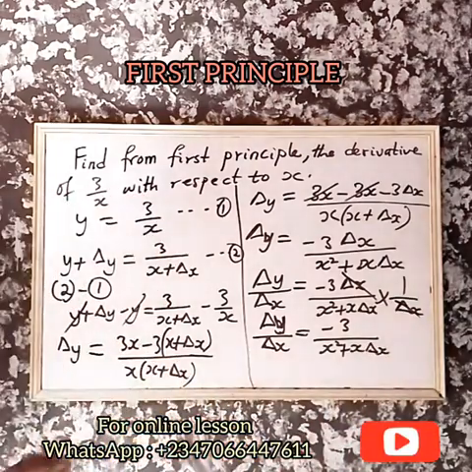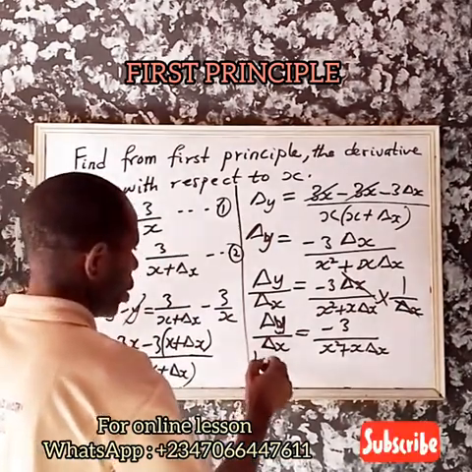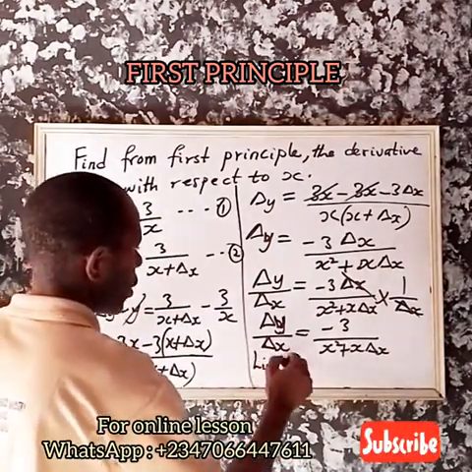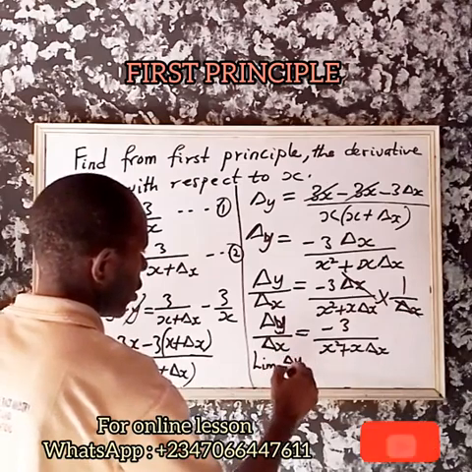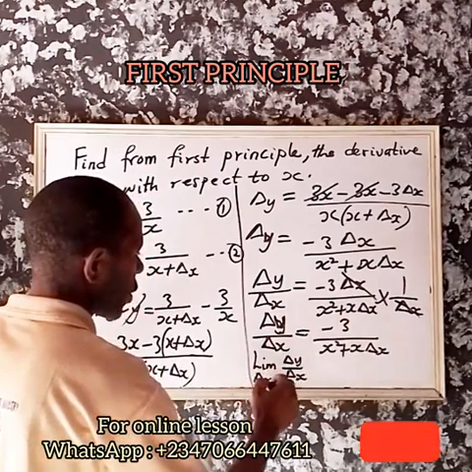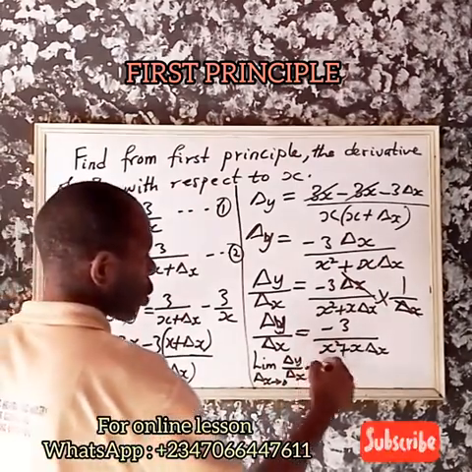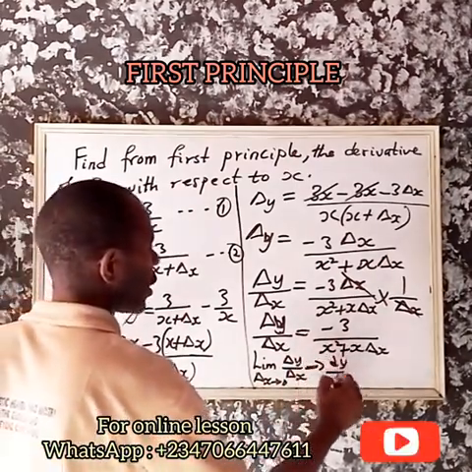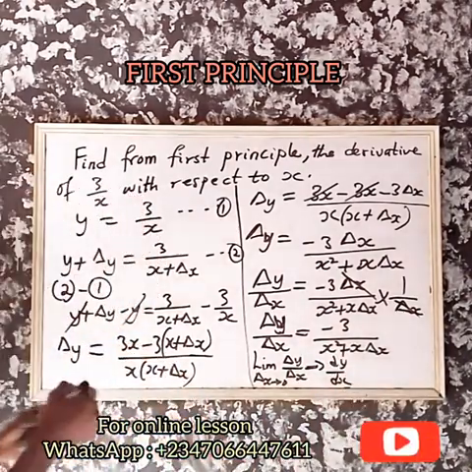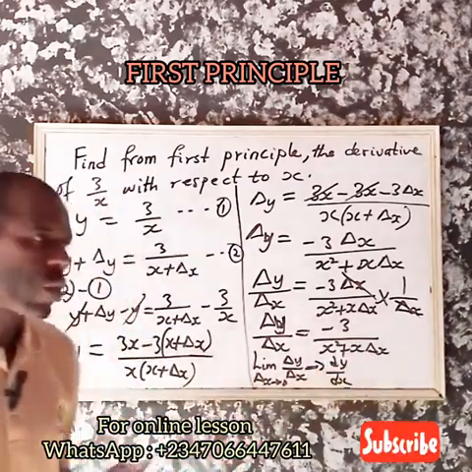Now it is time for us to take the limiting function of delta y over delta x as delta x tends to 0. Automatically we will have what is called dy/dx. So it means wherever delta x is, we are going to put 0 there.